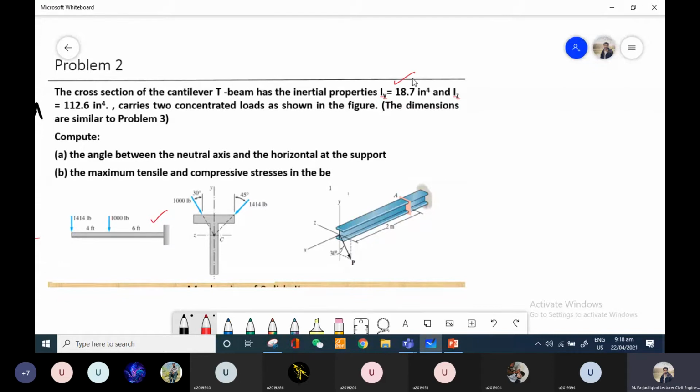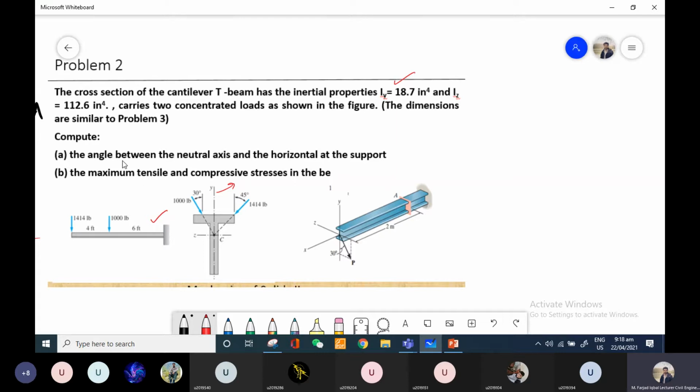Now we know that for this particular beam, this Iy and Iz are also the principal axis, because Iy is the symmetrical axis and the axis at 90 degrees with respect to that one is also our principal axis. So we have been provided with the moment of inertia of the principal axis, and it carries two concentrated loads. One is 1000 pound and another one is 14 pound.